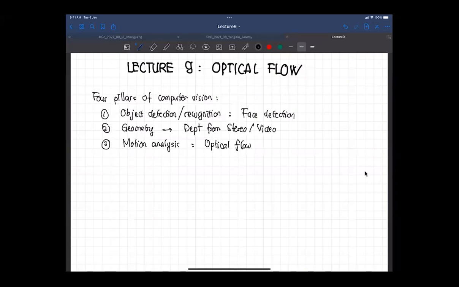And later on, after motion analysis, we will discuss low-level vision. The other term for low-level vision is image processing.